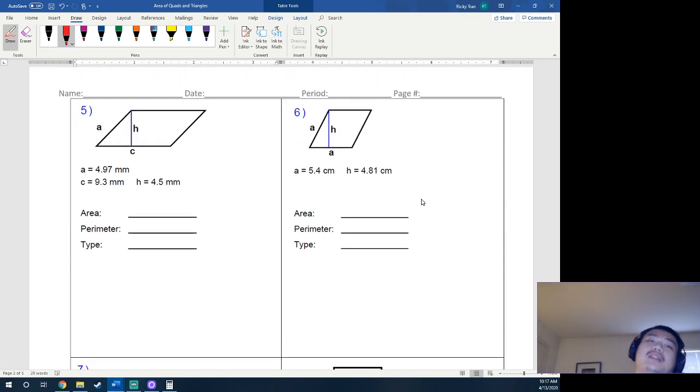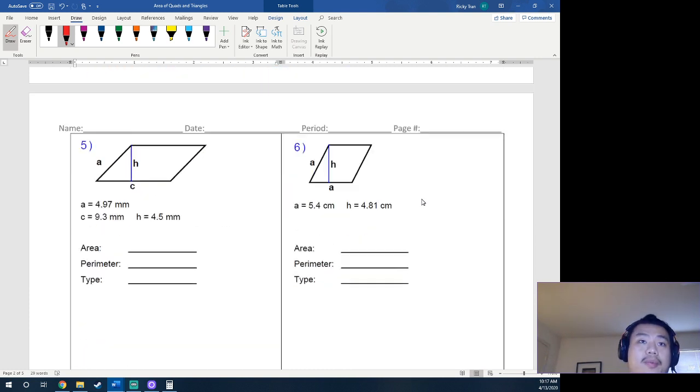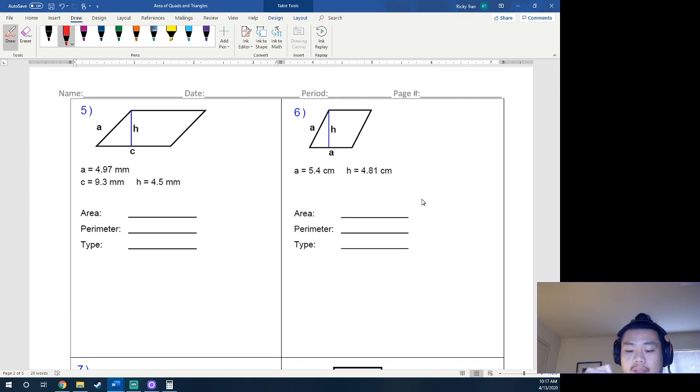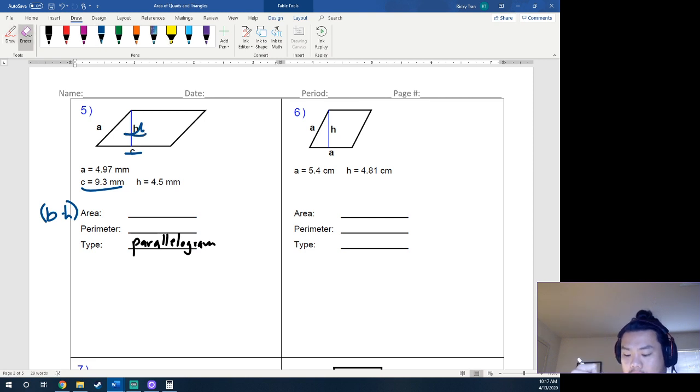Now, number five, this is still another parallelogram. Okay, and with parallelograms, it's just base times height, B times H. So we're going to have our base, which is C, which is this number, and our height, which is this.